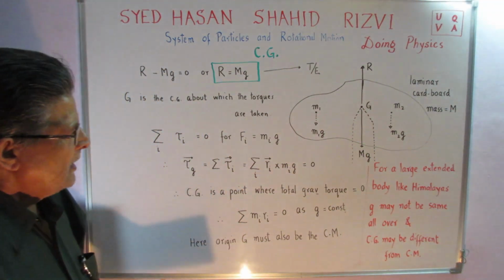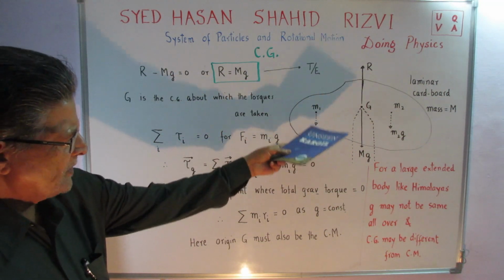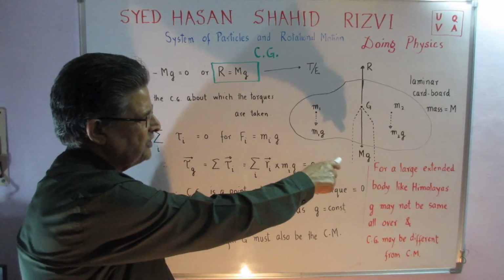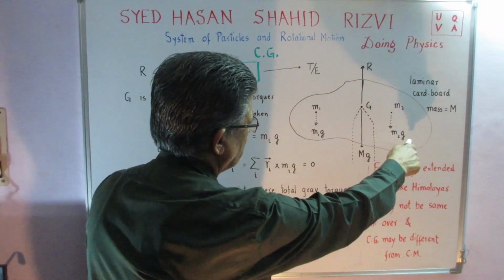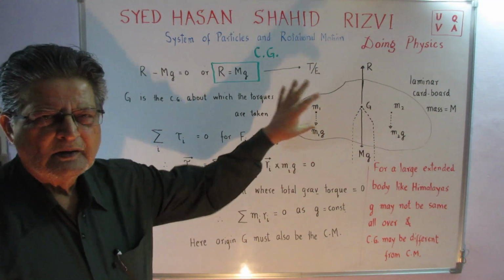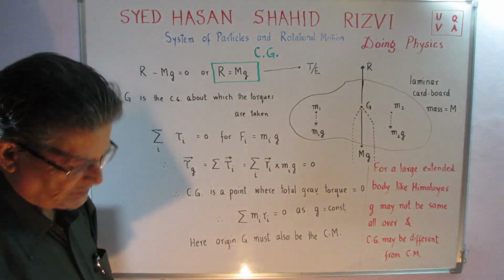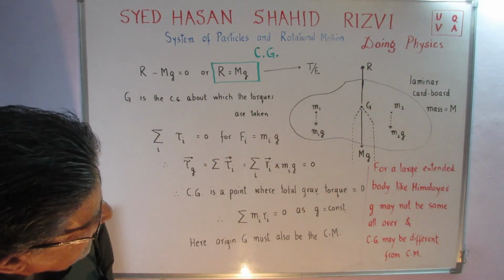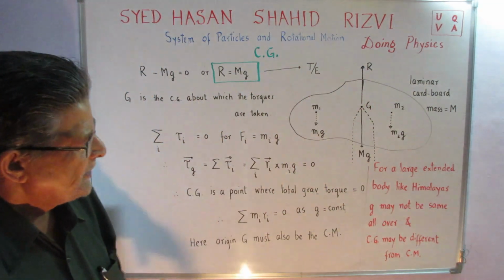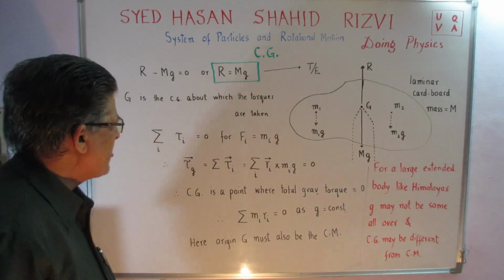So if there is m1, there will be a force in the downward direction, m1g, and if m2, then m2g, m3, then m3g, mi, then mig. This is what the various particles or masses which constitute the lamina are made up of.